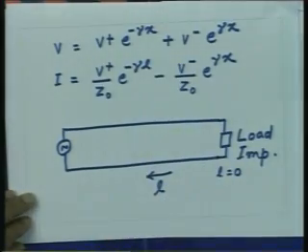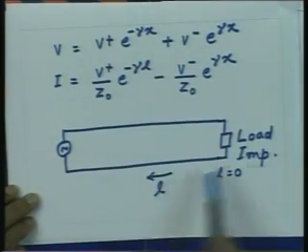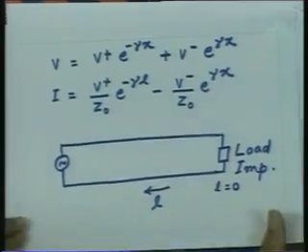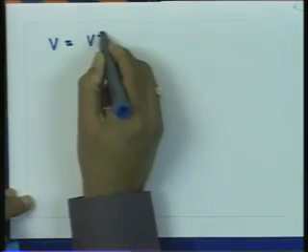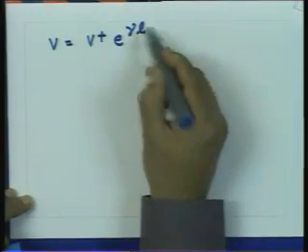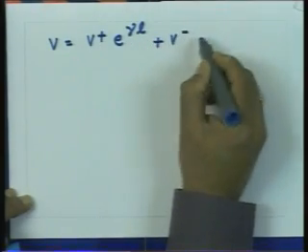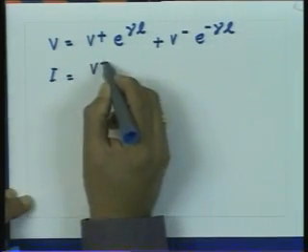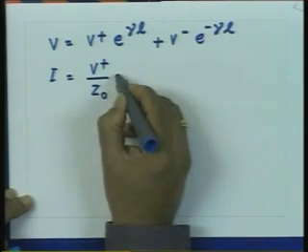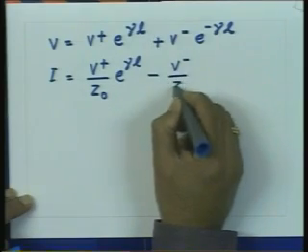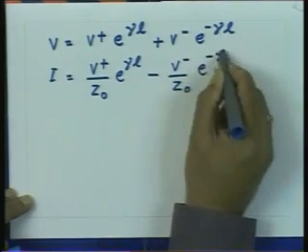Substituting for x which is negative of L, I can write down the voltage and current in terms of this L, which is the distance measured from the load towards the generator. So, I get the voltage which is V plus e to the power gamma L, because L is equal to minus x, plus V minus e to the power minus gamma L, and I will be V plus upon Z naught e to the power gamma L minus V minus upon Z naught e to the power minus gamma L.